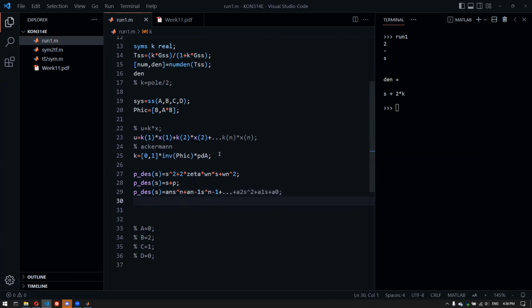So an nth order polynomial could also be used. A specific first order polynomial or a second order polynomial can be used here. But of course, you have to choose the order that you are working with.